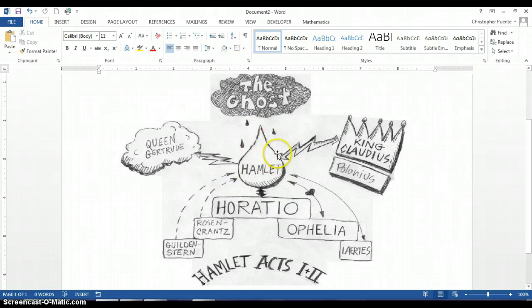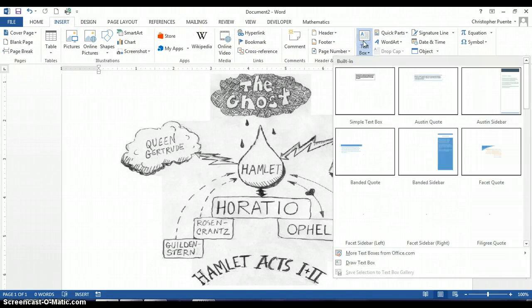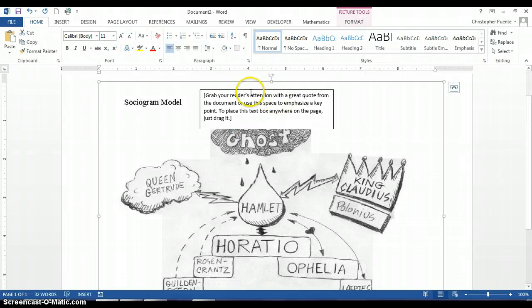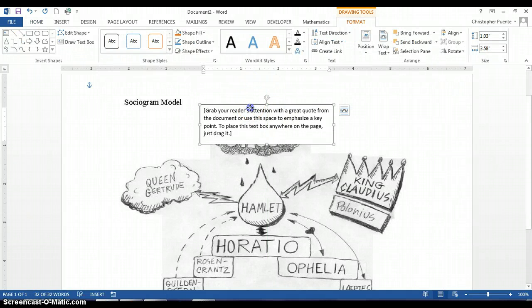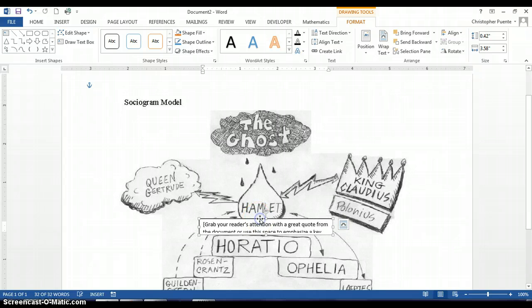I know that he's sad, but I need for you to prove to me that Hamlet is sad. So something that your teacher will probably ask you to do is to insert a little bit of textual evidence into your sociogram to show me that you understand what lines indicate that Hamlet is sad.